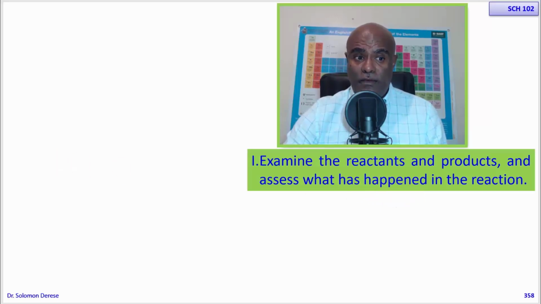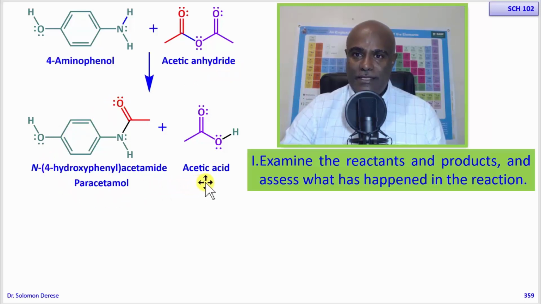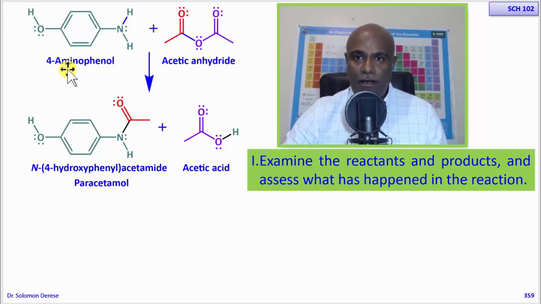So let's look at this reaction. This is the reaction scheme: the reaction of 4-aminophenol with acetic anhydride to give paracetamol and acetic acid. So when these two react, these are formed. These products are the results of the reaction of 4-aminophenol and acetic anhydride.